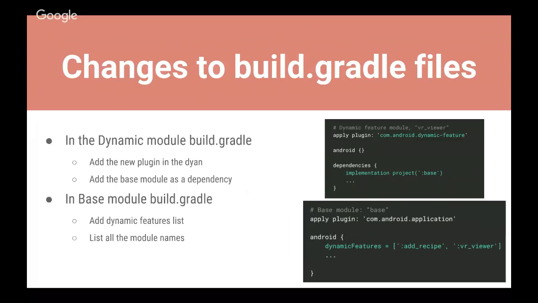In your base module's Gradle file, add a tag called dynamic features, and in that tag, specify all the dynamic features that are supported by this base module. In case later you're adding a new module, you have to update this to accommodate the name of the new module also. Only then can that module work with that base module.